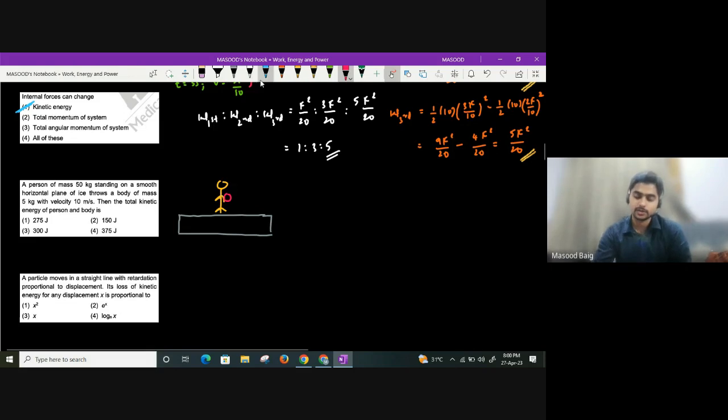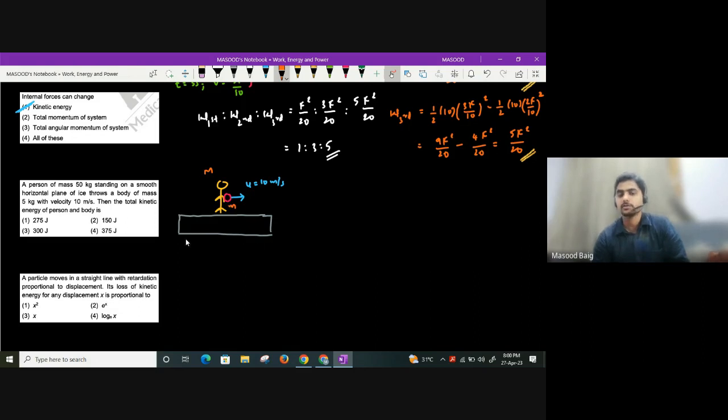Okay, now what has happened? What did the person do? He has thrown this object with a speed, let us say 10 meter per second, along the positive x direction. Let us imagine the person's mass is capital M, the object's mass is small m. So initially, was there any momentum? No. But after the person throws the block, does the block have momentum in x direction? Yes.